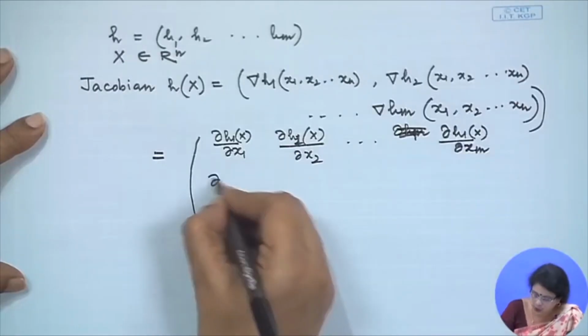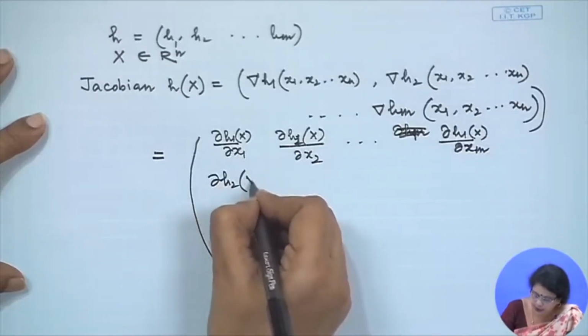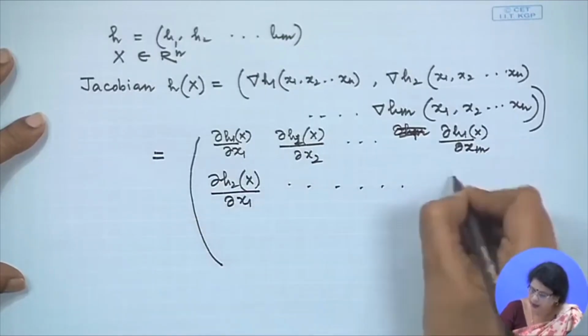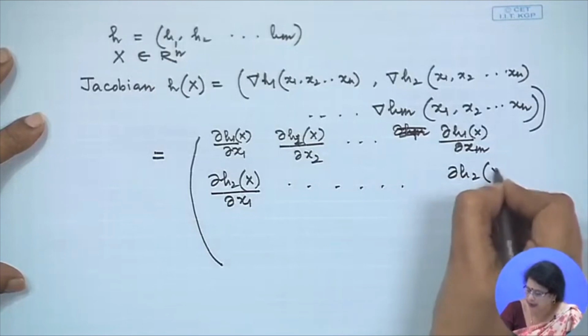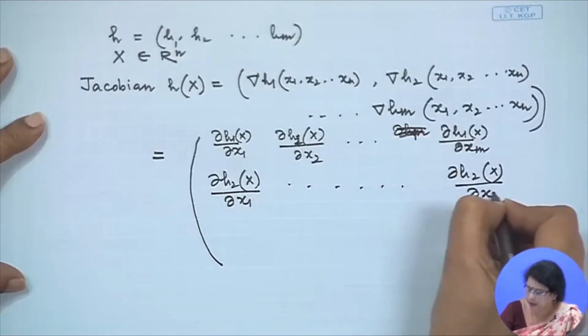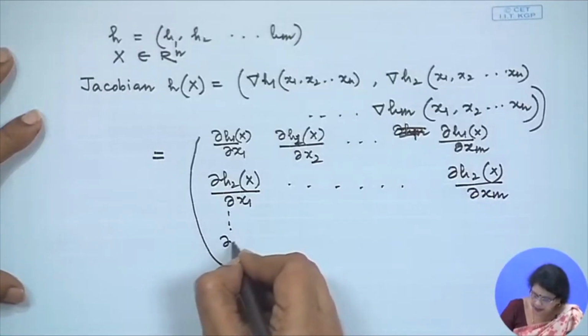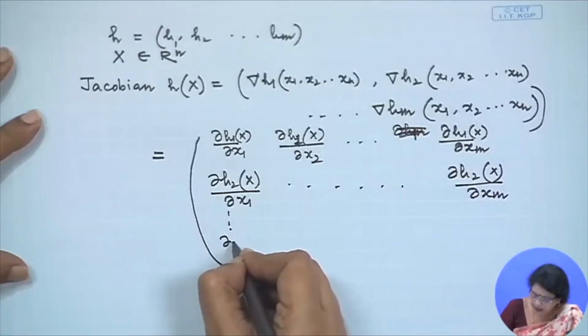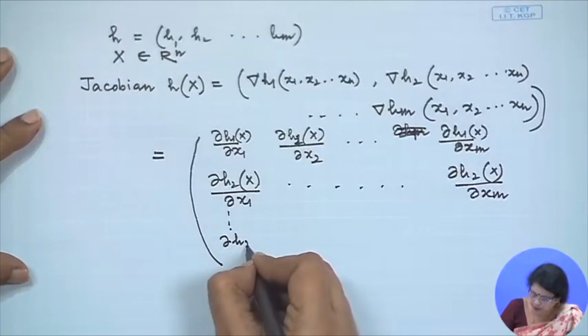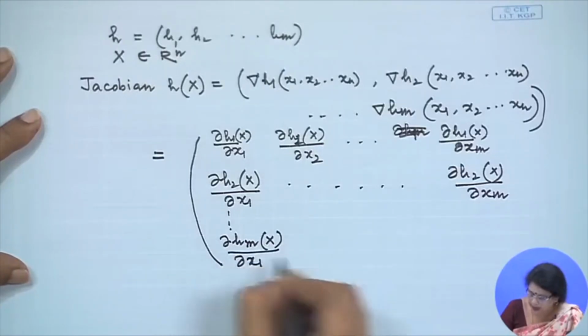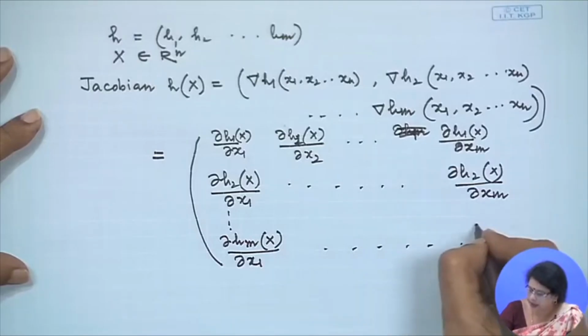The second row del H2 by del x1, and this way we will go to del H2 by del xn. You must be understanding that we are getting a matrix, and the number of rows would be m and the number of columns would be n.